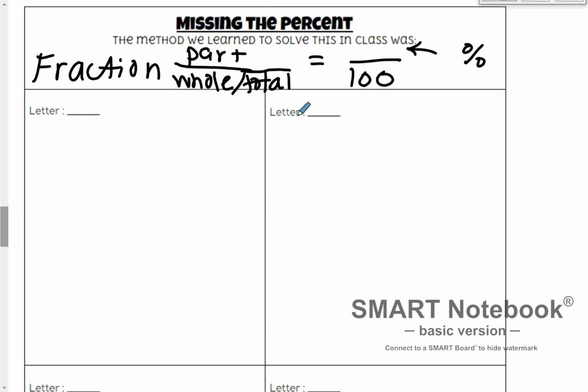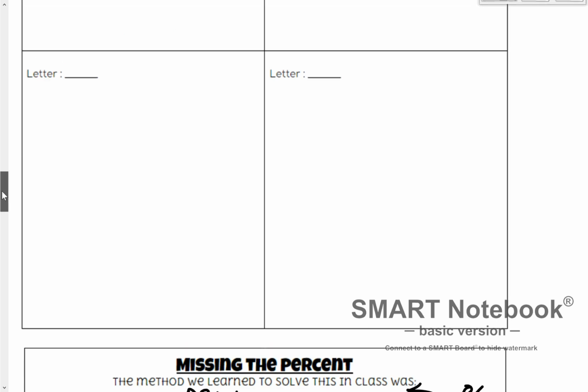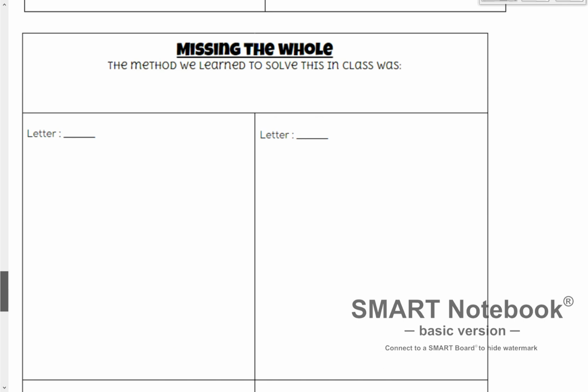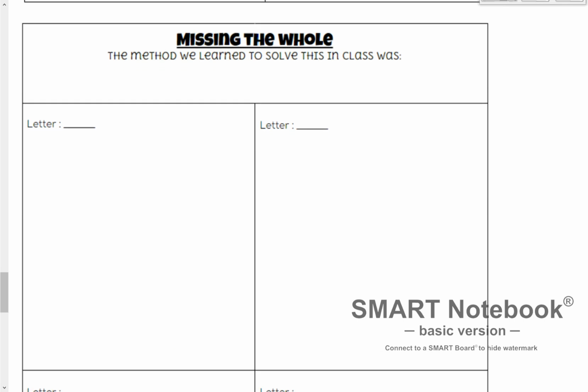All right, go ahead and flip to the next page in your packet. These questions are missing the whole or total. If you want to put in that word total to help you out, that's fine as well. The way that we learned to solve these problems in class was a double number line. And also ratio tables.